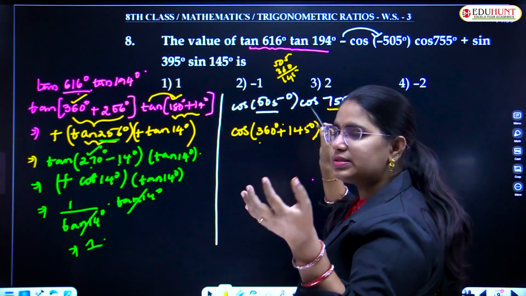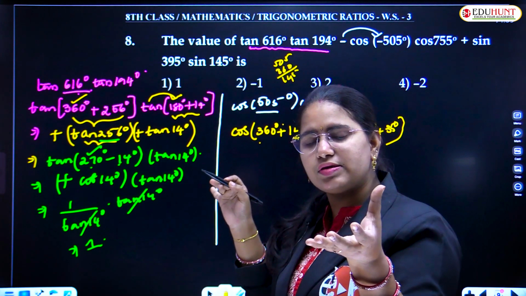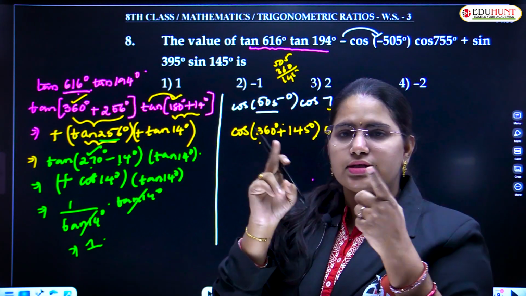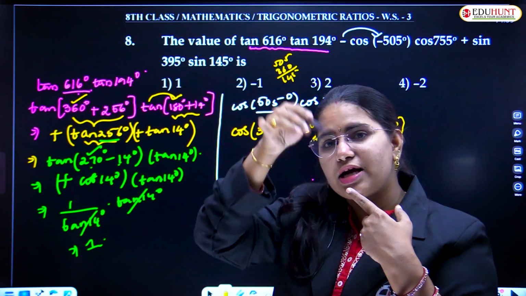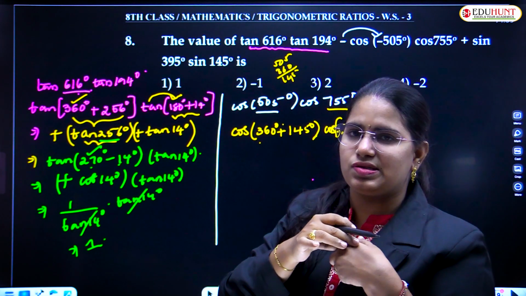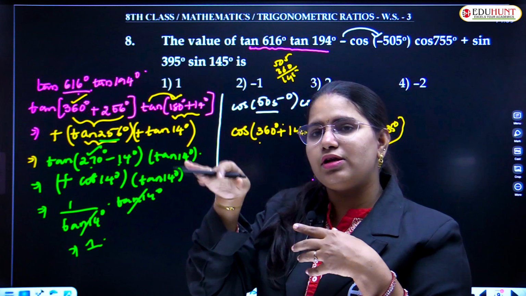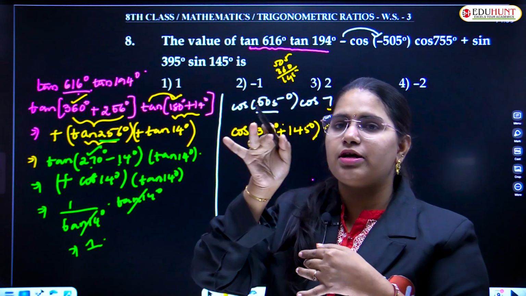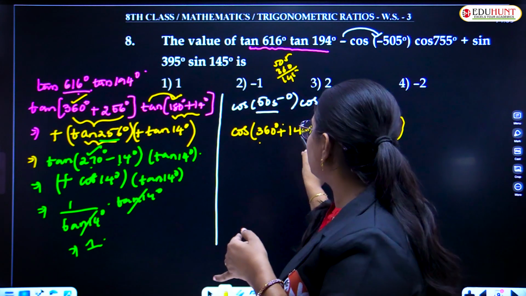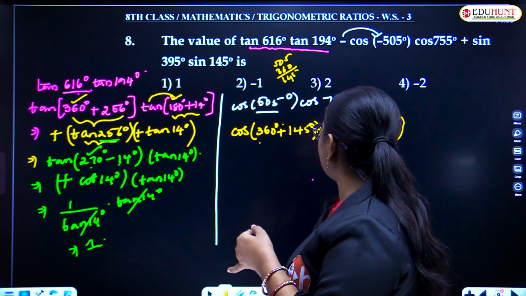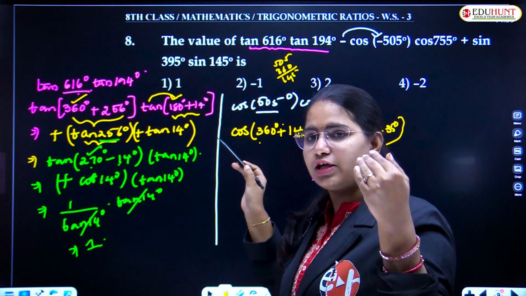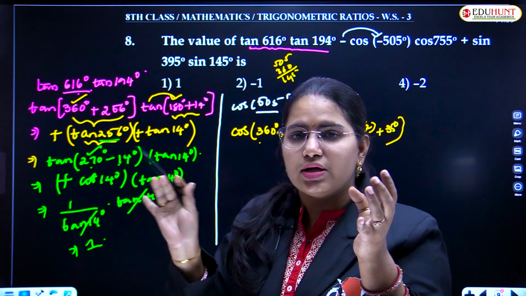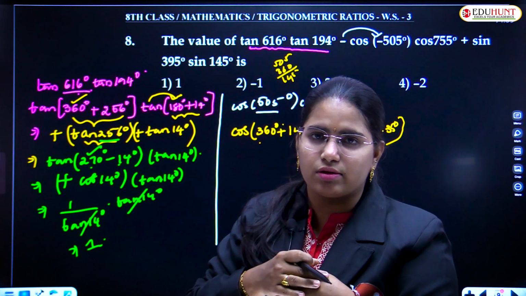That means I am taking 2 complete revolutions in the circle. First revolution is done and the second is done. So 755 is 720 plus 35 degree.